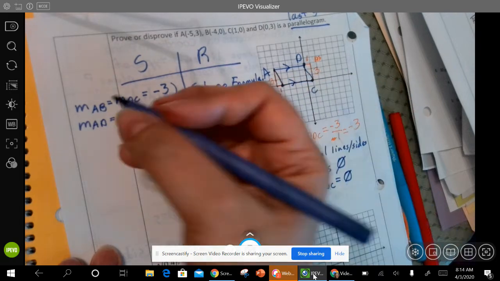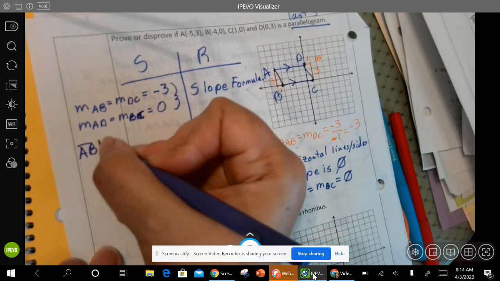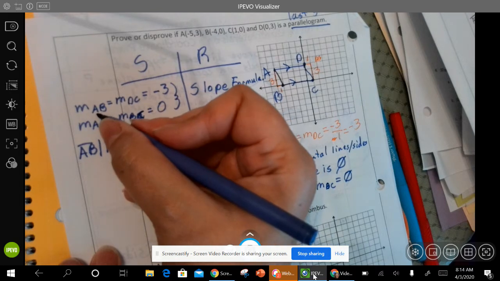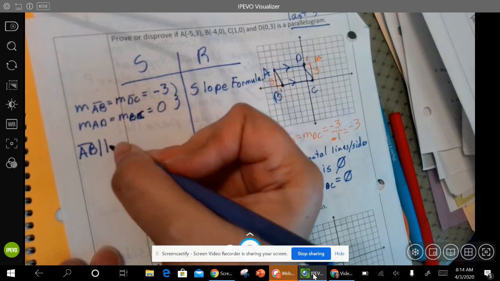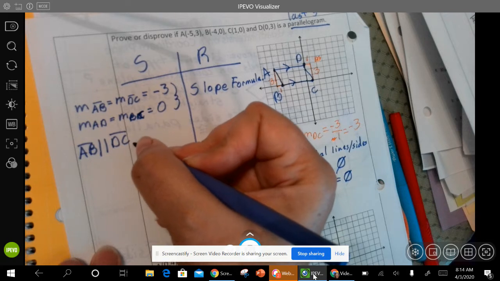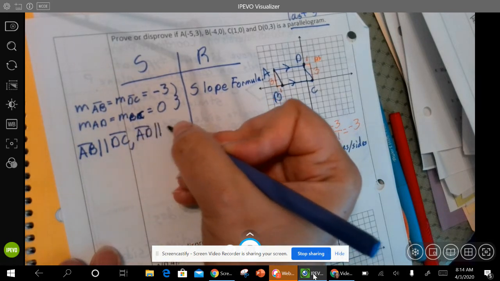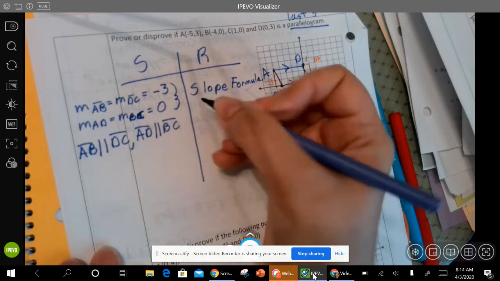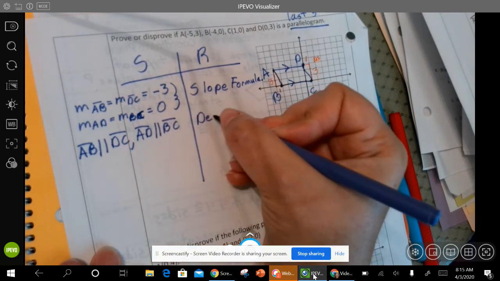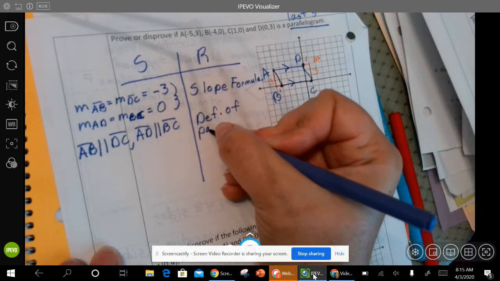Okay, so since their slopes are the same, that means that those sides are parallel. So side AB is parallel to side DC, and AD is parallel to side BC. That's by our definition of parallel lines.